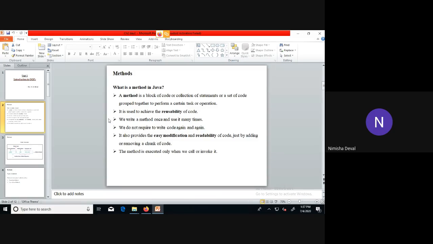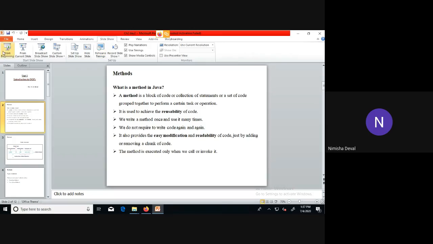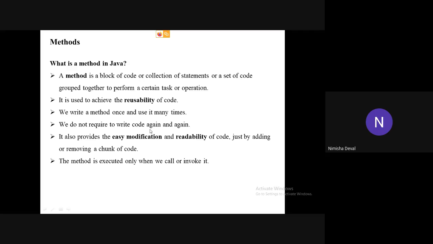A method is nothing but, one minute, I will start the slideshow. A method is a block of code or collection of statements or set of code grouped together to perform a certain task or operation.